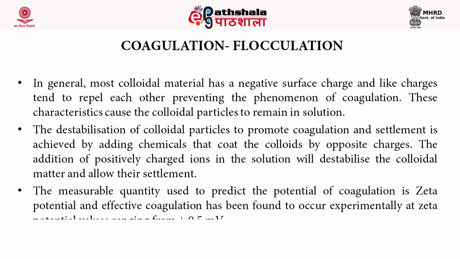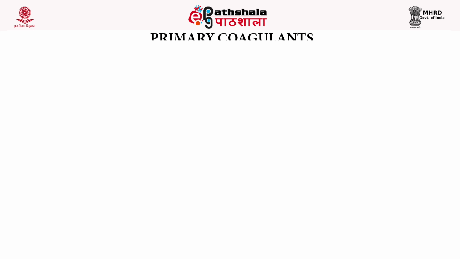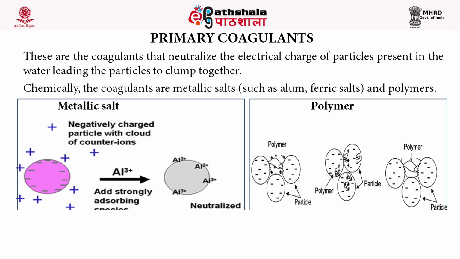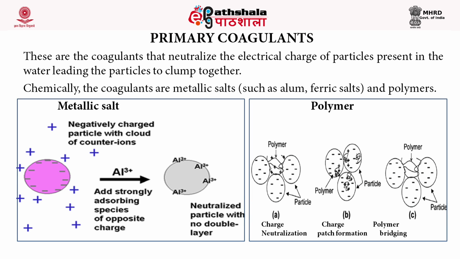The measurable quantity which is used to predict the potential of coagulation is zeta potential, and for effective coagulation it is found that the zeta potential value ranges between plus minus 0.5 millivolt. Now you can see in this schematic representation that the colloidal particles bear a negative charge, and the negative charges are neutralized by the oppositely charged coagulating polymer.